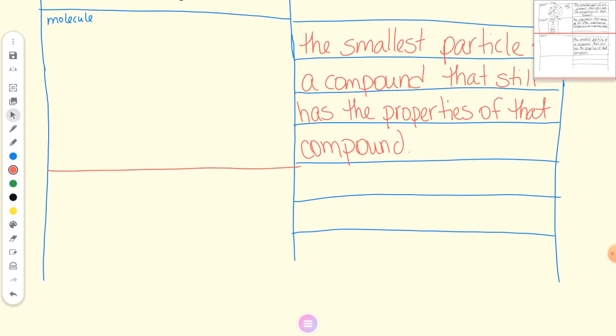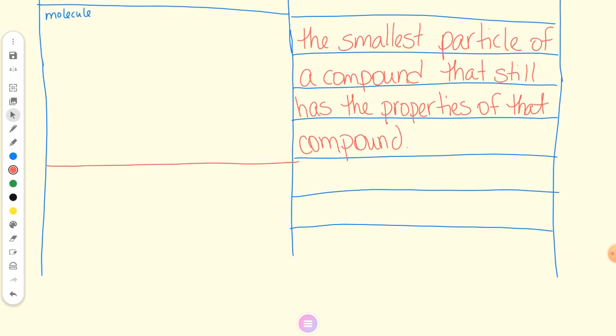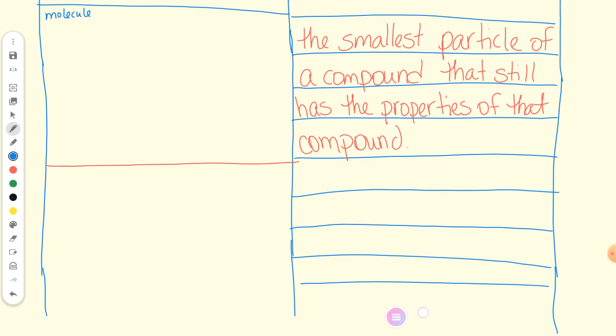Scoot up just a little bit more so I can fit it all. What's my last word on my foldable, Harper? Compound. I'm going to write that right here. You guys already have it.